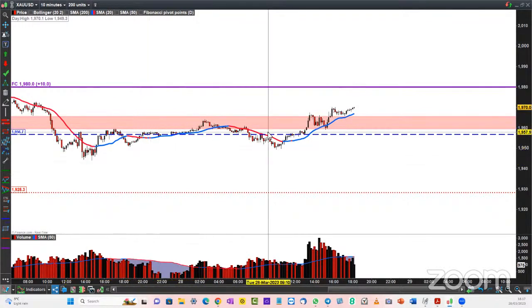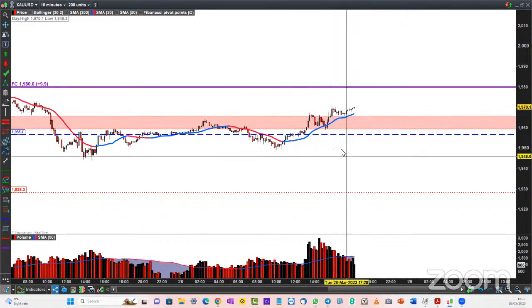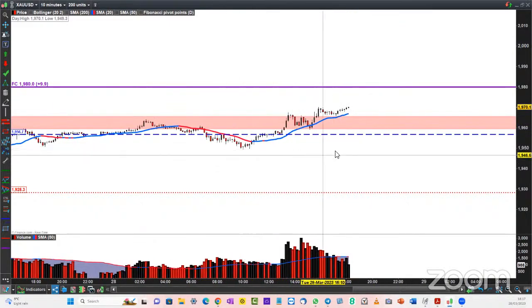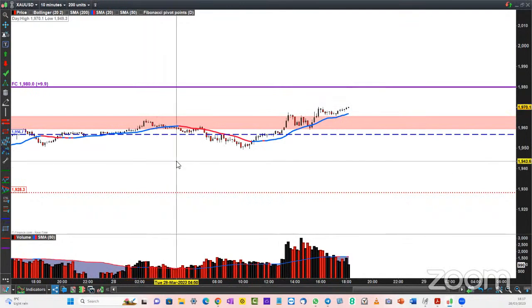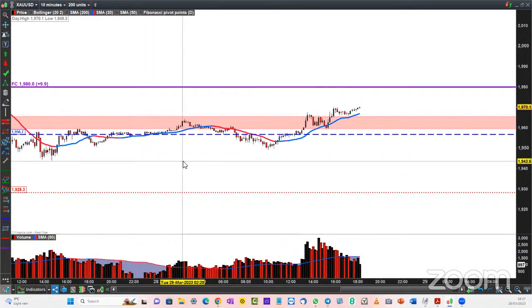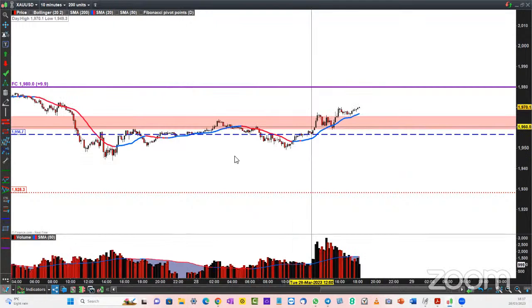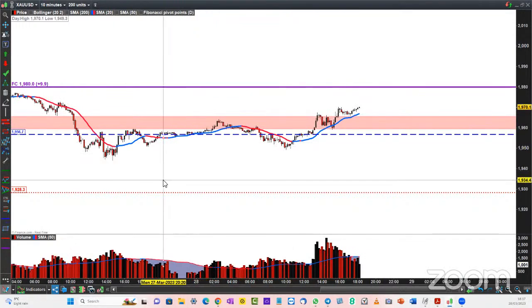So you can see this 1960 got bought. We had a big push through 1965, and we're currently just trying to break through 1970. This is a basic principle of my trade setup. I look to see how the market opens in New York, and then if the pullbacks are still getting bought, then I'm going to follow that pullback.